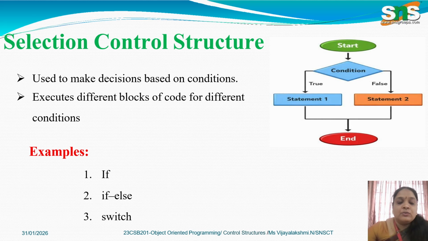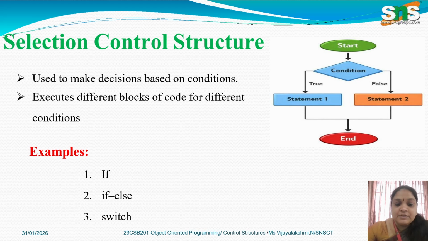So if I want to find which day in a week, if I give the number as 3, it has to match with case 3, and then it will give you the result as Wednesday. Likewise, if the case is 4, it will give you the answer as Thursday. For each day, I need to write the case here, and you will have a default case for the switch statement that is also available. If none of the cases is satisfied, automatically the control will move on to the default statement. So that is the advantage of using a selection control structure.